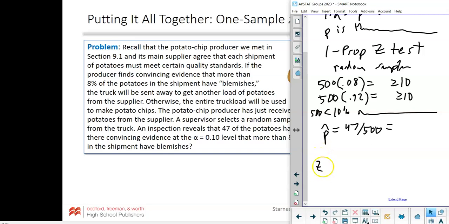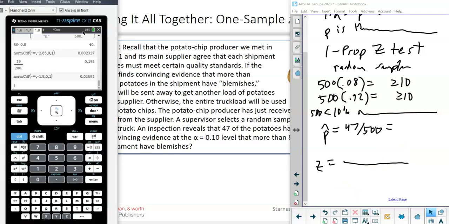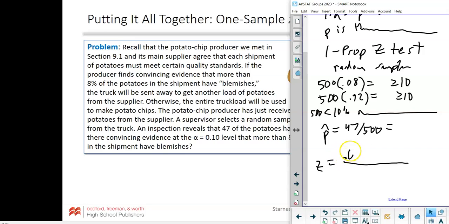Z, they want you to show Z is going to be p hat. I guess you might want to do the 47 divided by 500. 0.094. So 0.094 times 1 minus that, so 0.06.